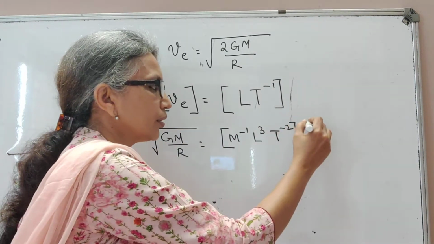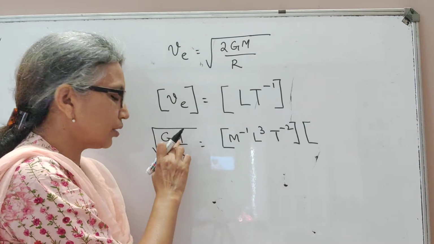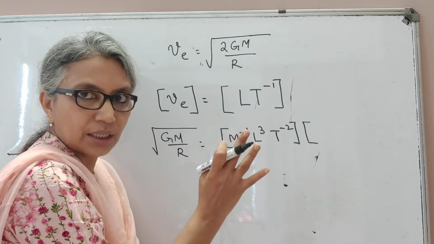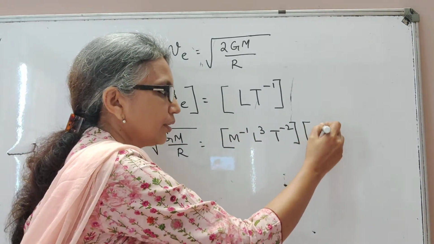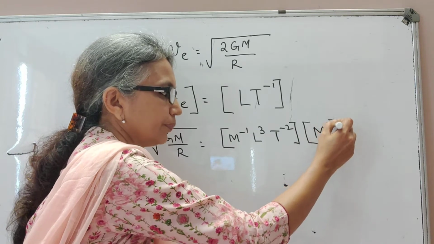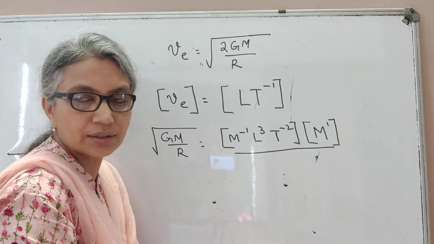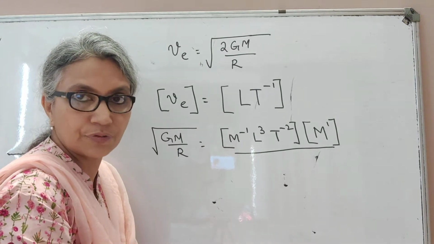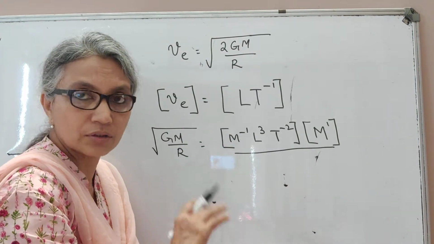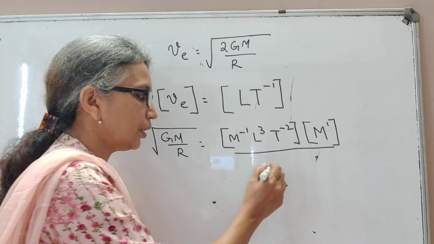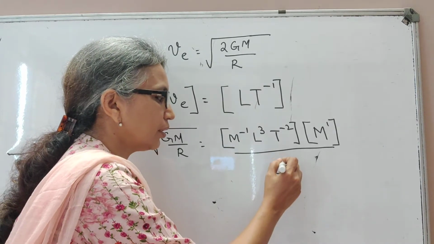Then we have mass. This is the mass of the planet, so length and time don't appear there. So I will simply write mass raised to 1. Divided by, we have radius. Radius of the planet is measured in terms of length. So mass and time do not appear in the denominator, and I'll simply write L raised to 1.